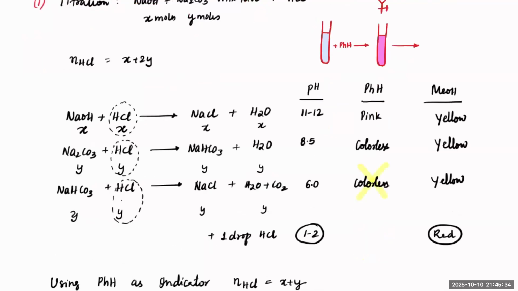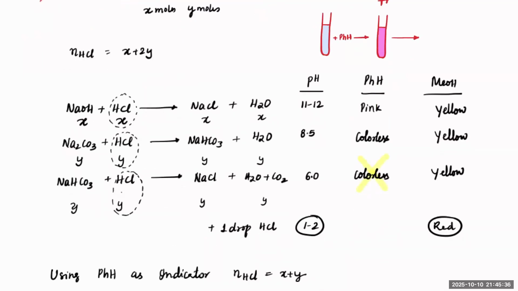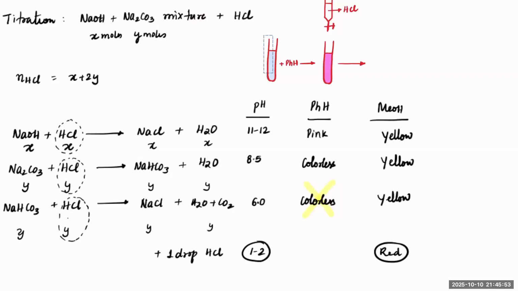disappeared yet. But after adding Y moles of HCl, another Y moles, first X moles and then the next Y moles, after adding that, what has happened to the phenolphthalein now? It has become colorless. Got it? Now, this part has become colorless after the titration. Clear?